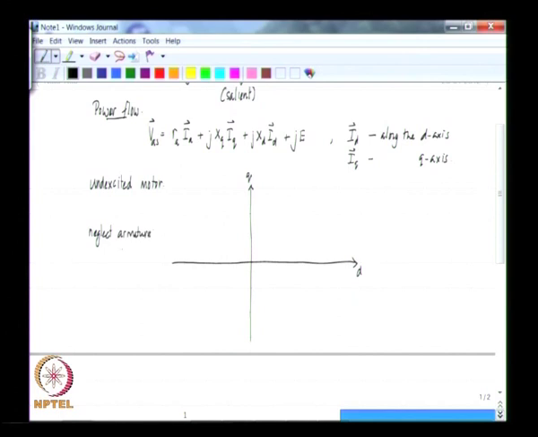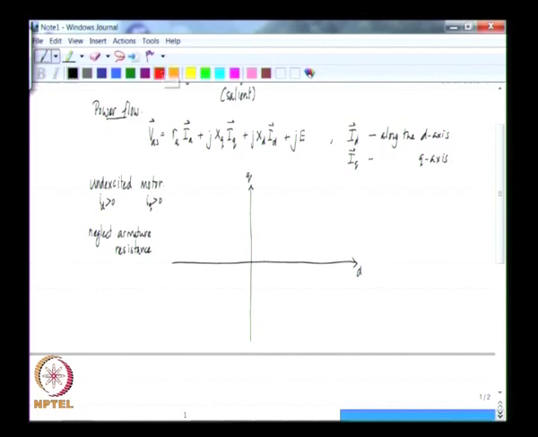So, this is again an assumption that is normally done in the case of synchronous machines. So, it is the same thing here, and under excited would then mean that ID is greater than 0 and a motor would mean that IQ is greater than 0.